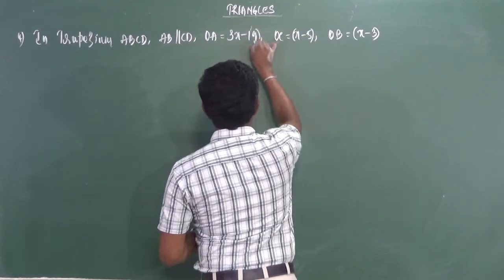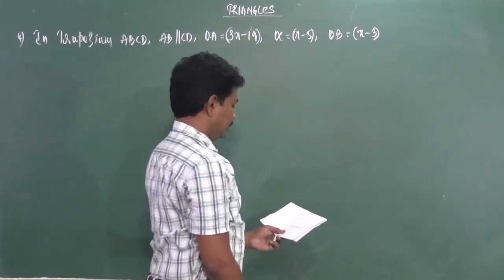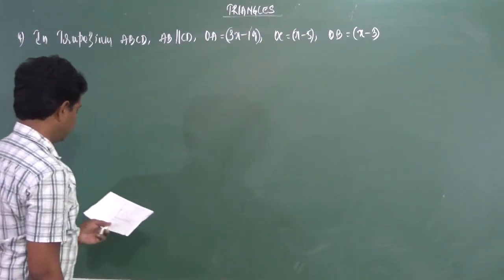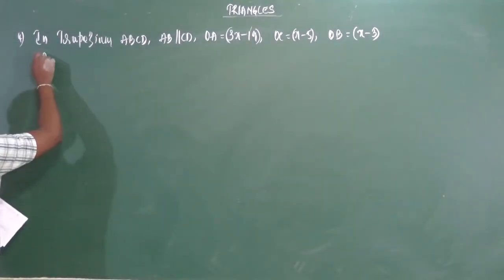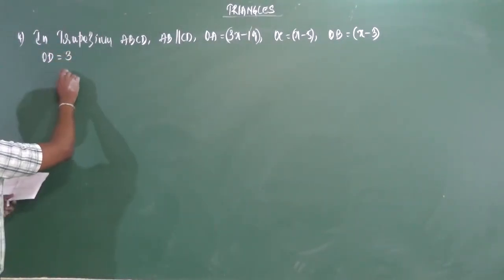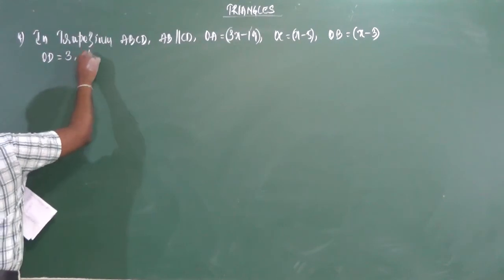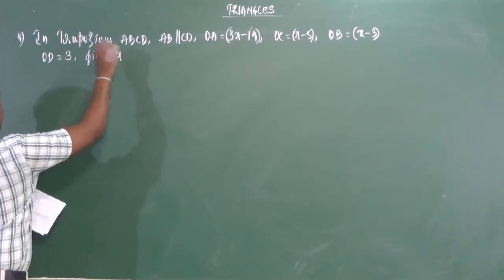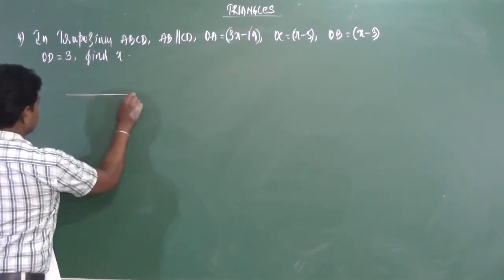Please remember, binomials should always be kept inside brackets. OD is equal to 3. Find x. This is the diagram given.